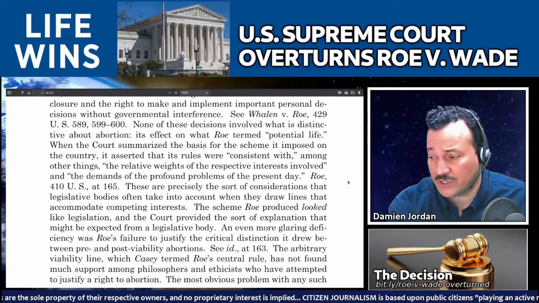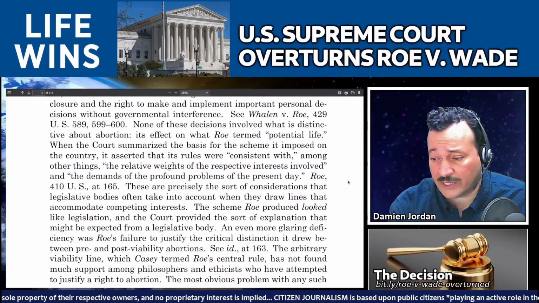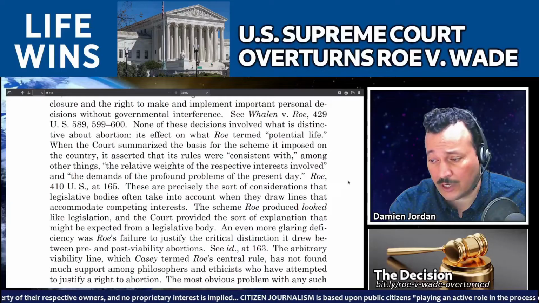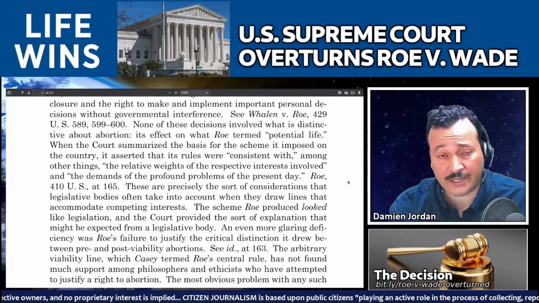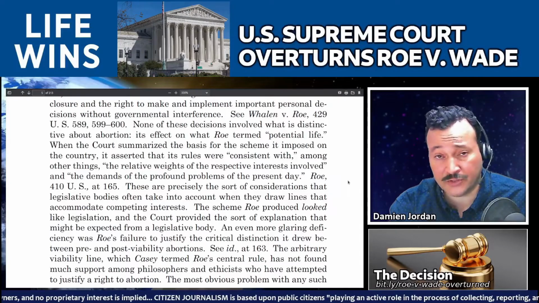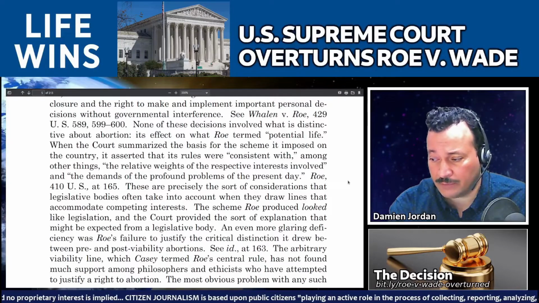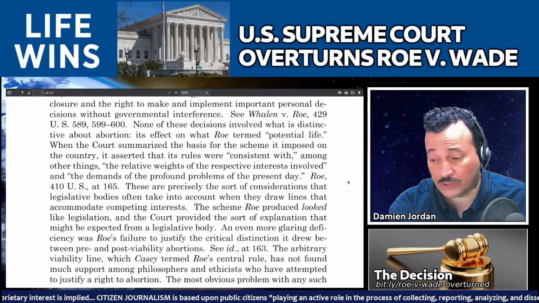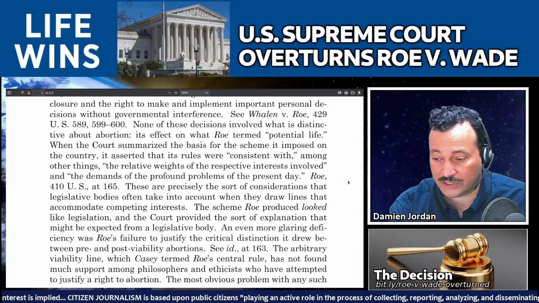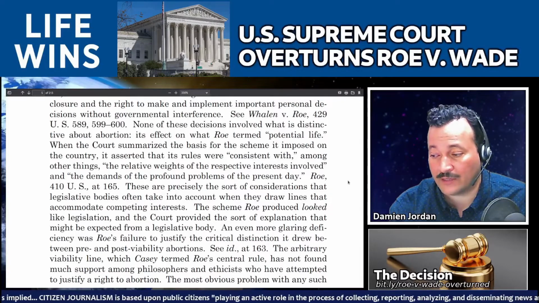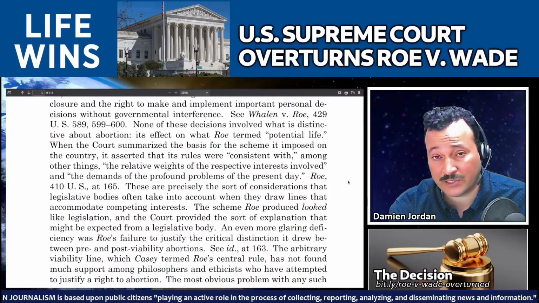These are precisely the sort of considerations that legislative bodies often take into account when they draw lines that accommodate competing interests. The scheme Roe produced looked like legislation, and the court provided the sort of explanation that might be expected from a legislative body.